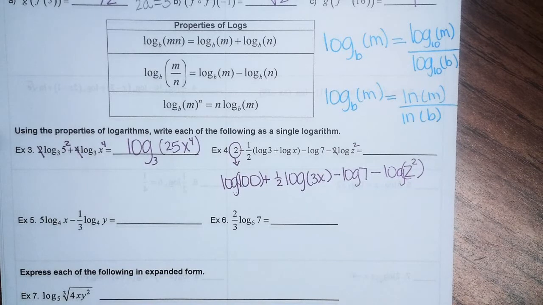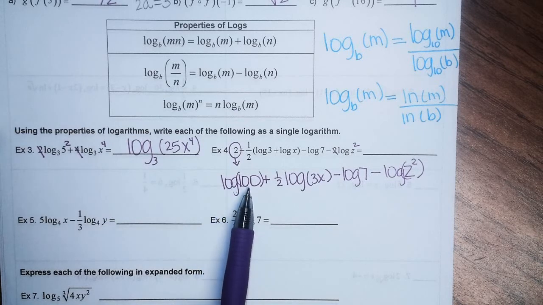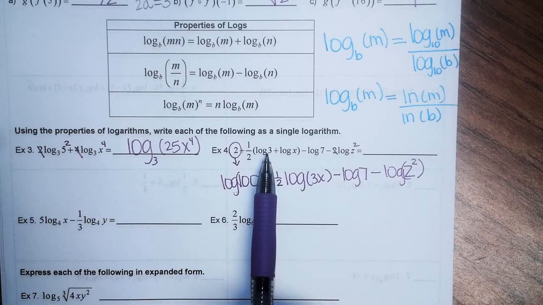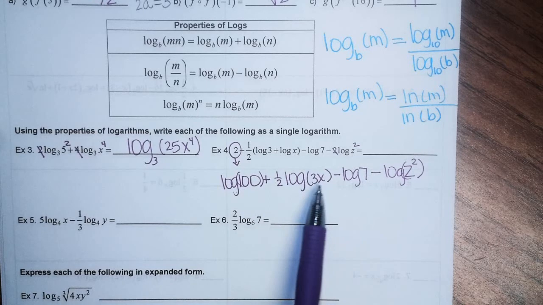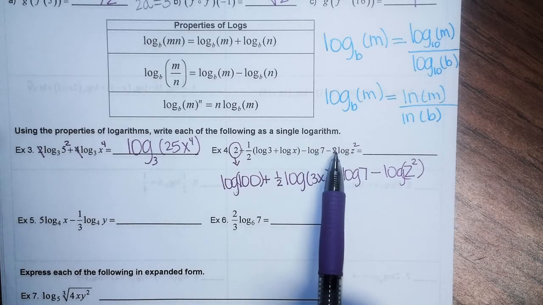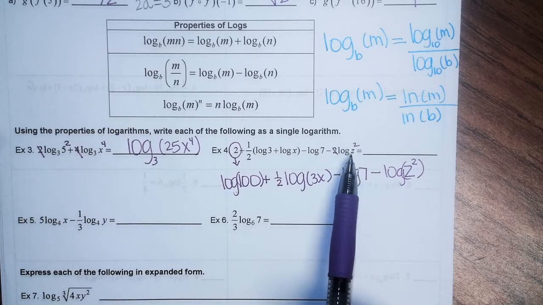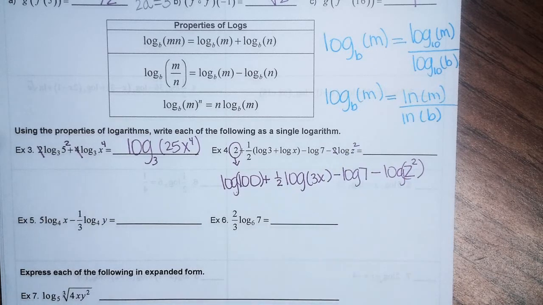So I started simplifying a couple things. Like I said, I changed the integer 2 to log of 100. I combined the log 3 plus log x as log 3x. And then I just changed the coefficient of 2 and made an exponent for z squared. Now I have to keep going.